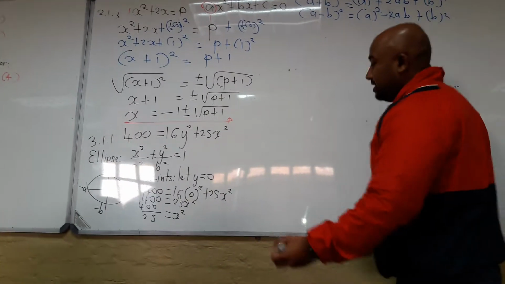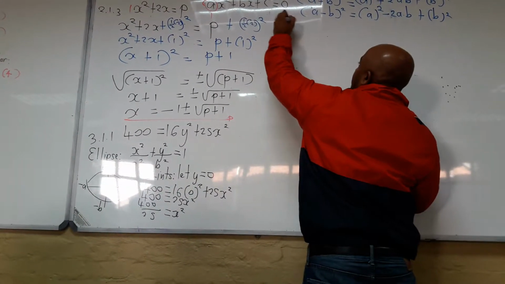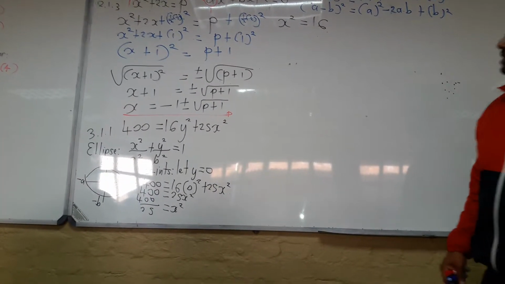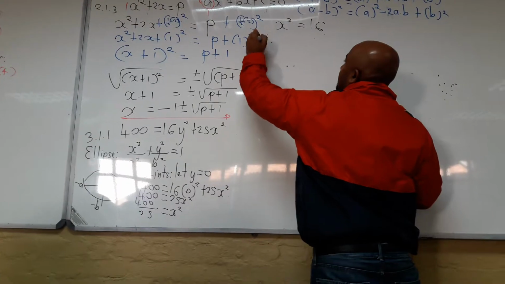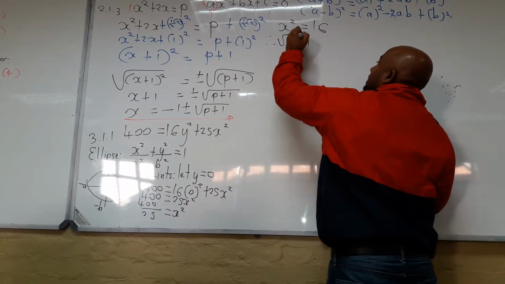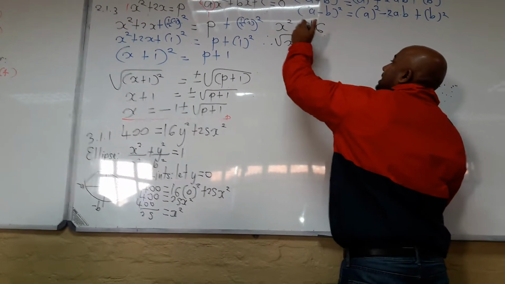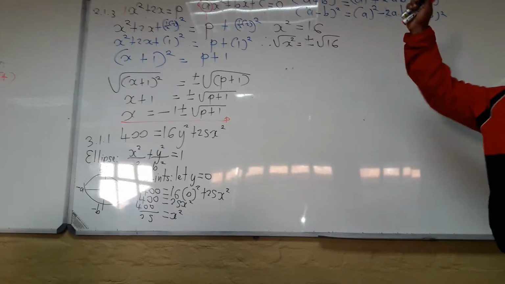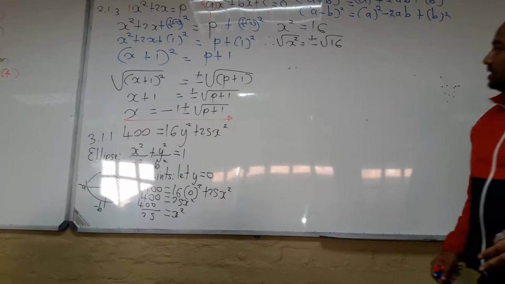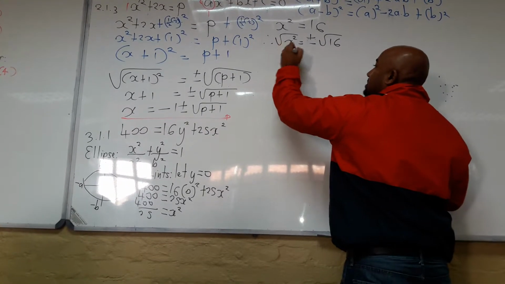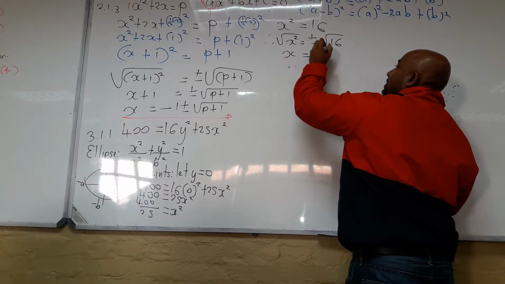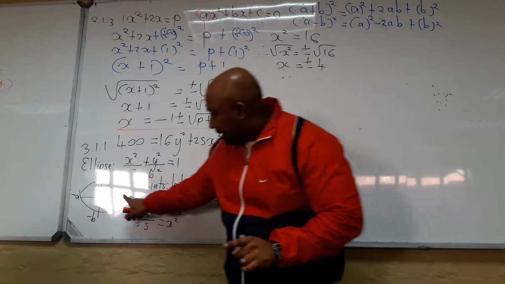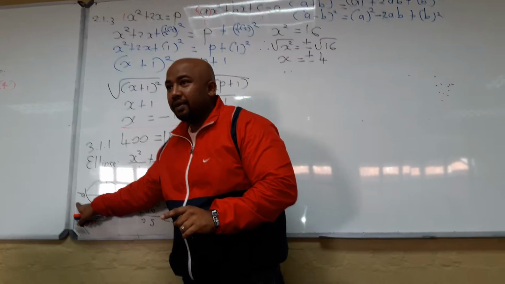That will be 16. So we got x squared is equal to 16. Alright. So therefore, the square root of x squared is equal to plus or minus the square root of 16. Remember, when you got the x squared, you need to consider two possibilities there. So x is equal to plus or minus, that will be 4. So we know here, that will be a 4 and a minus 4.